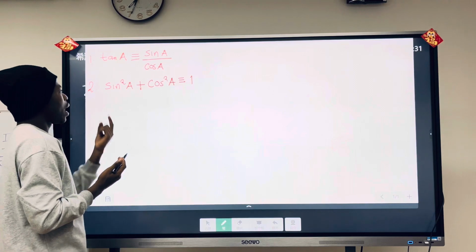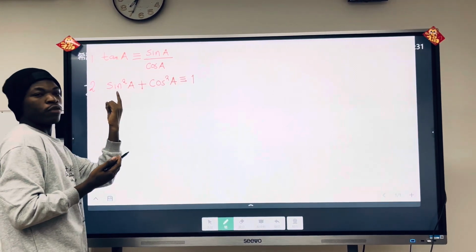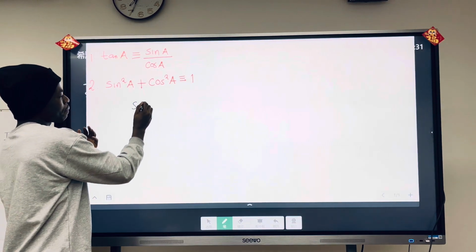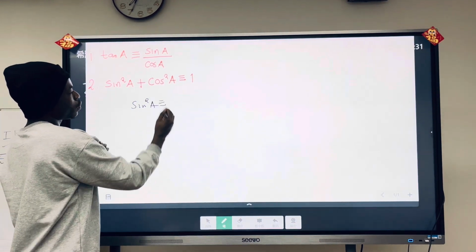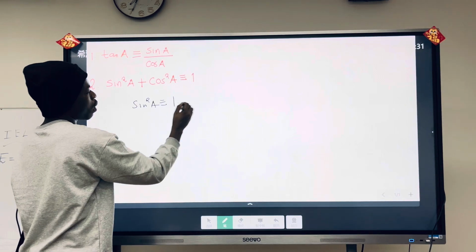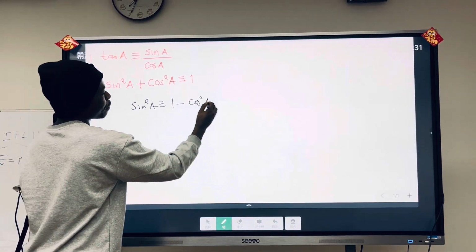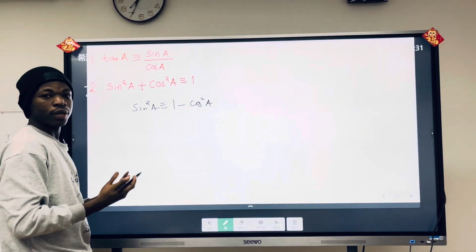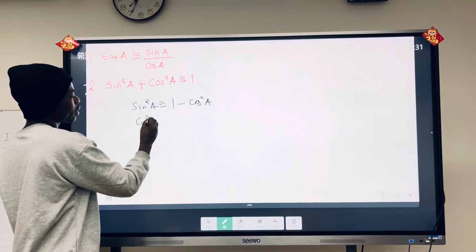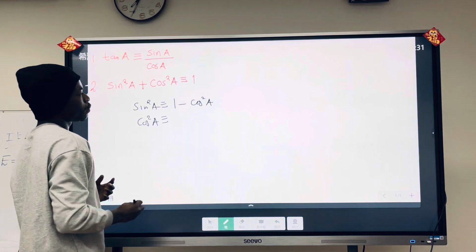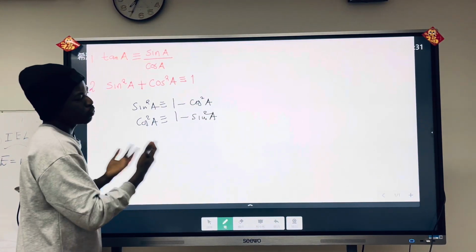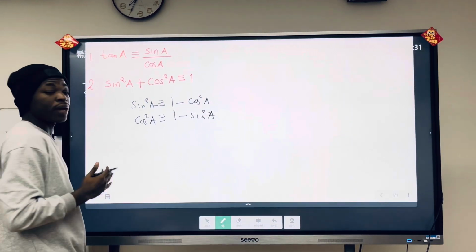For example, I can make sine squared A the subject of the formula: sine squared A identical to 1 minus cos squared A. I can also make cos squared A the subject: cos squared A identical to 1 minus sine squared A. These will be essential in solving the problem today.